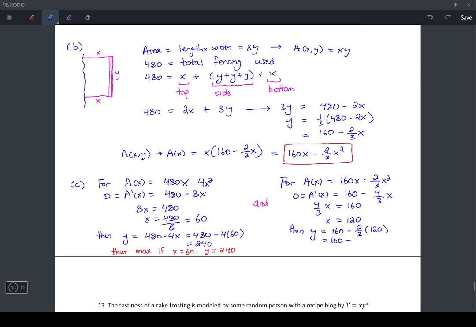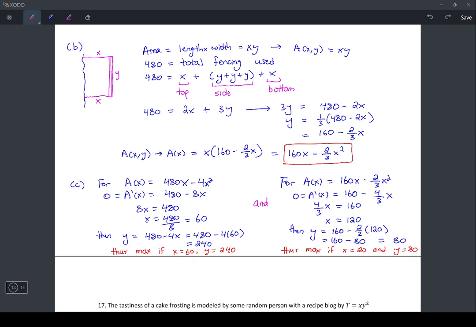So 160 minus 120 divided by 3 is 40. 40 times 2 is 80. 160 minus 80 is 80. And we can conclude for this one, thus max if x equals 120 and y is equal to 80.